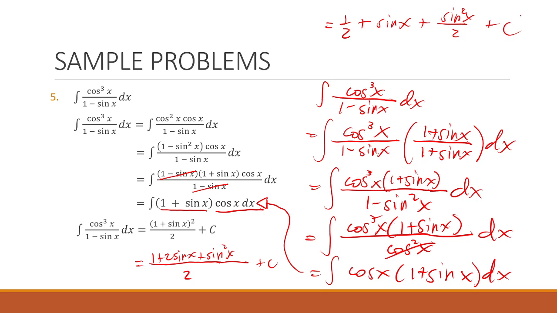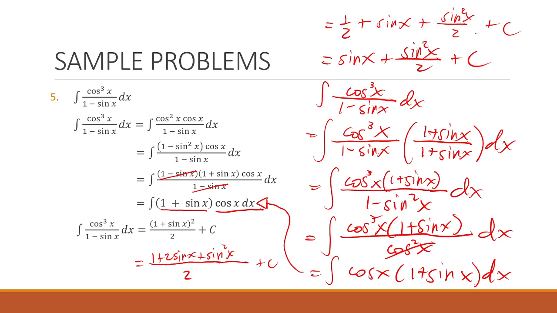And then, remember that constants can be combined, or all the constants can be combined to form the overall na constant. Therefore, kaning 1/2 can be combined with c to form the overall na constant of integration. Okay? So, we have sine x plus sine squared x over 2 plus c.